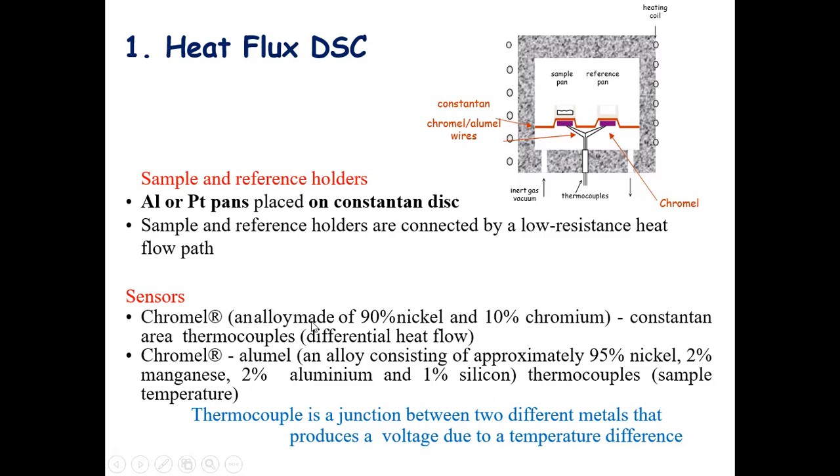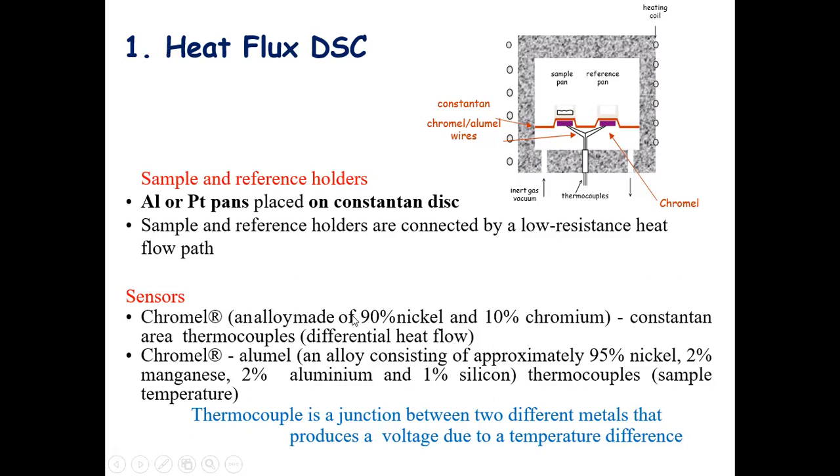Chromel is an alloy which is made up of 90% nickel and 10% chromium. Remember the composition. Chromel is an alloy of 90% nickel and 10% chromium, whereas alumel is also an alloy, but the difference is in their composition.